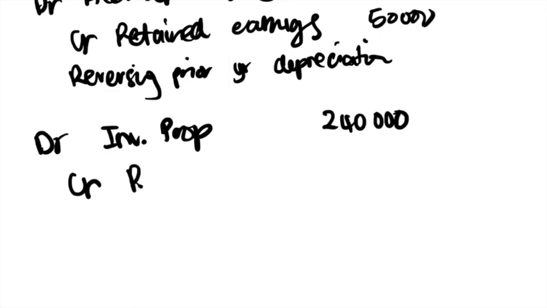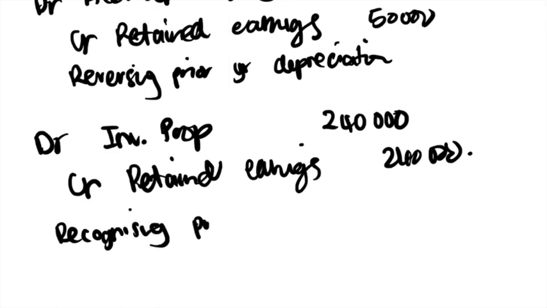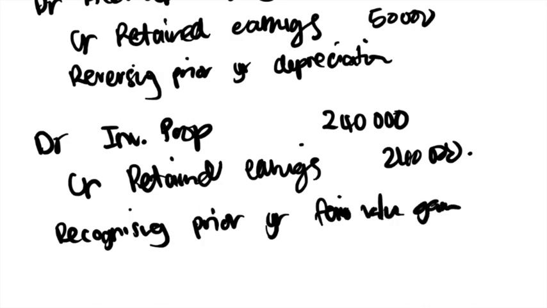So we're going to credit our retained earnings 240,000. And our journal entry there would be recognizing prior year fair value gains.